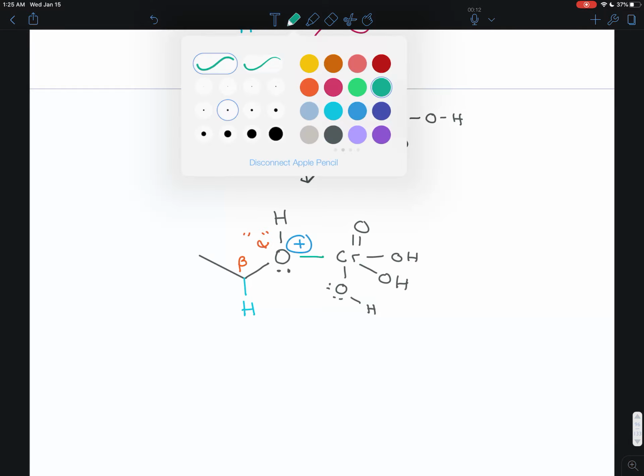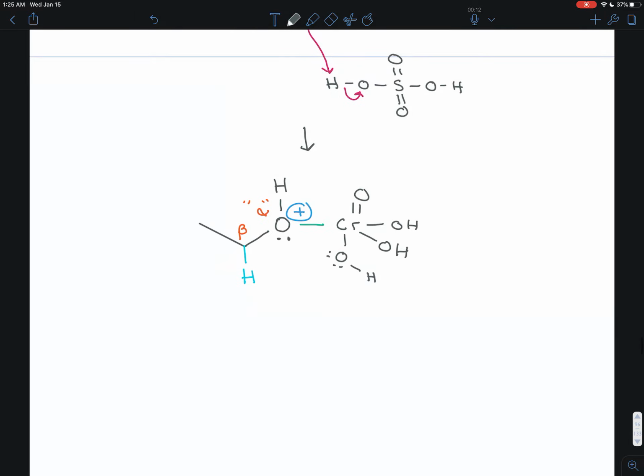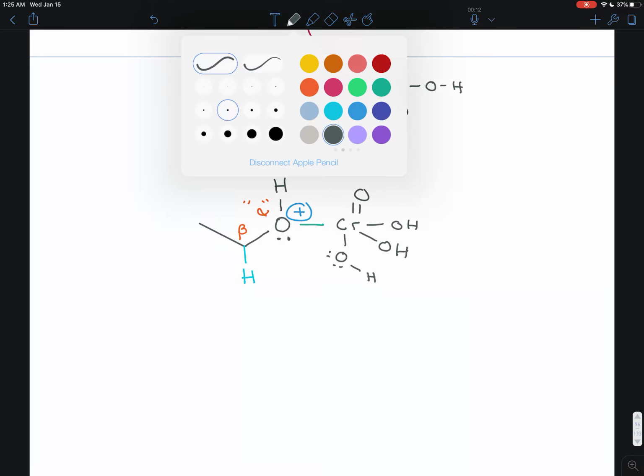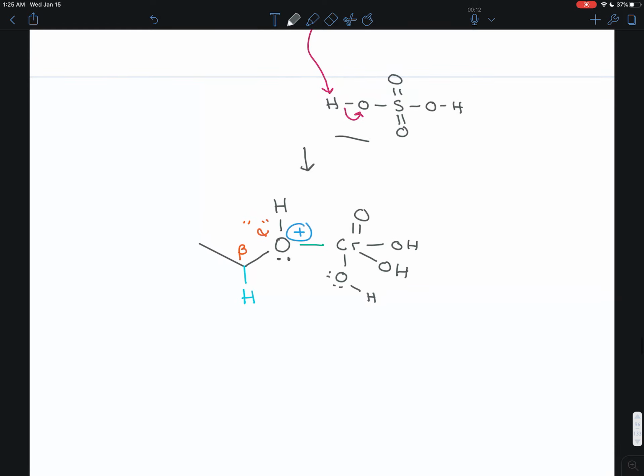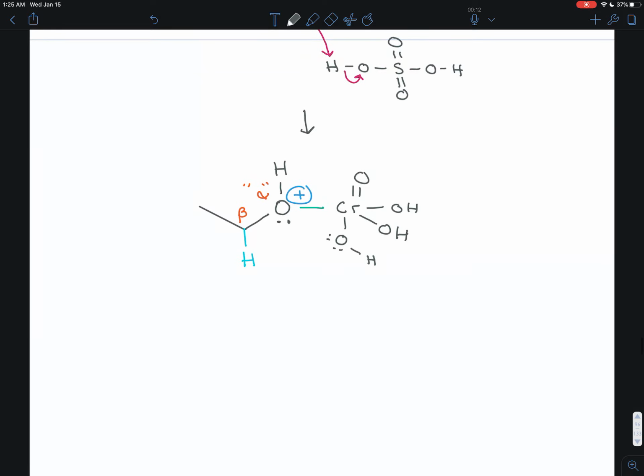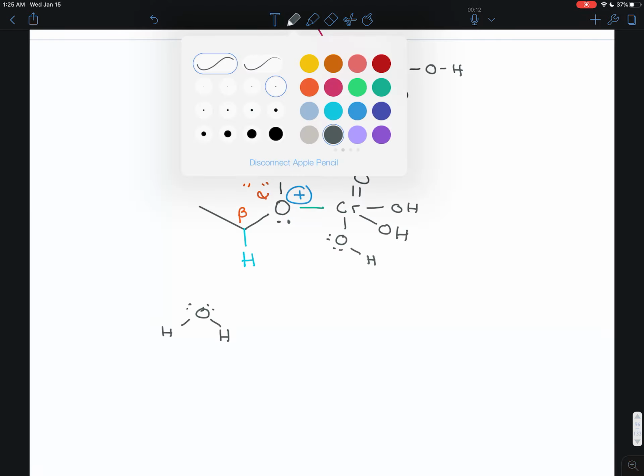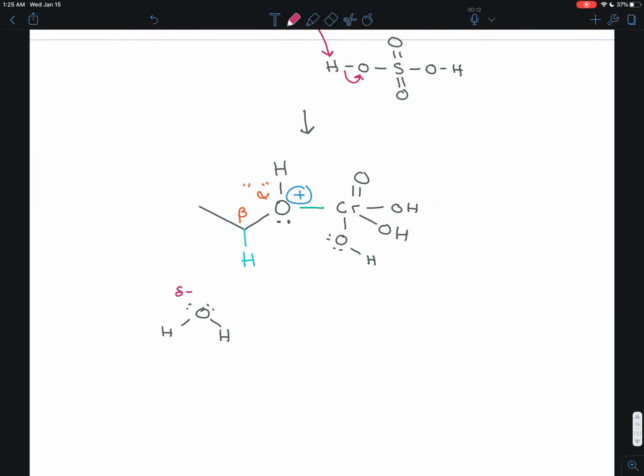So now we need a base, and here, the base that's often used is water. So notice 2 things that will often be combined with these chromium reagents are sulfuric acid and water. So a recipe for an oxidation is usually one of the chromium reagents, sulfuric acid and water. The oxygen in water is slightly negative, so it can swoop in, act as a base, and steal that beta hydrogen.